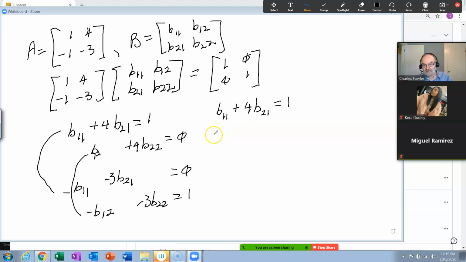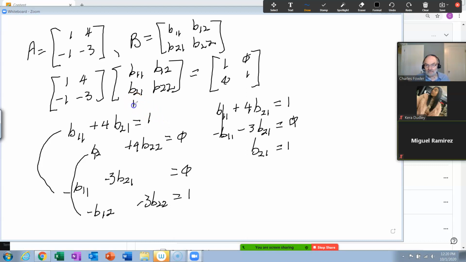And the third one is minus B11 minus 3 B21 is equal to 0. Well, if you add these together, that goes away, and you get B21 is equal to 1. Hey, I can handle that.